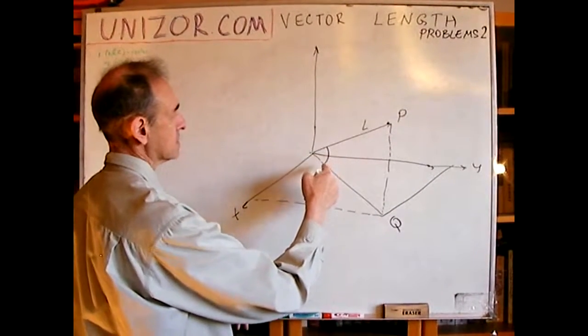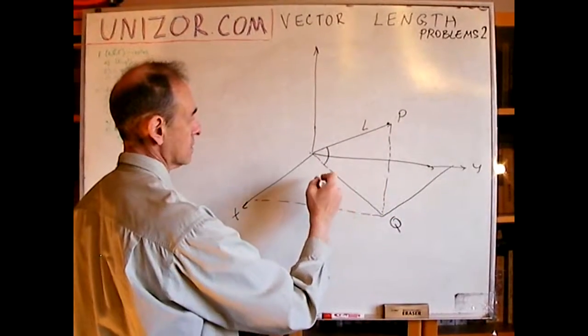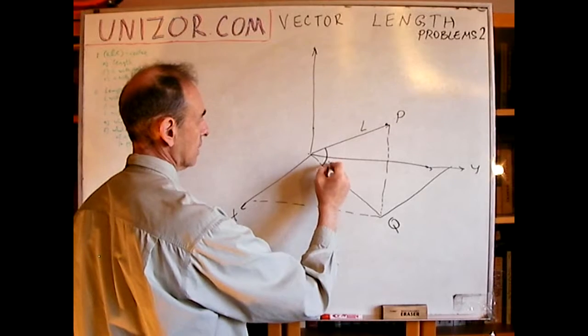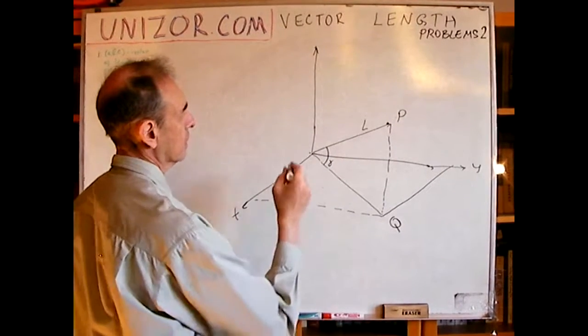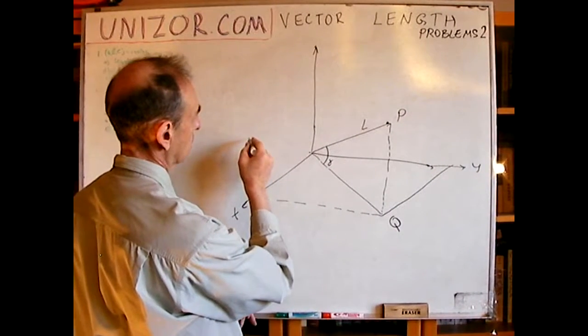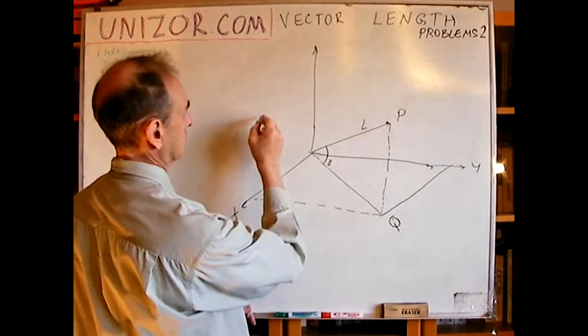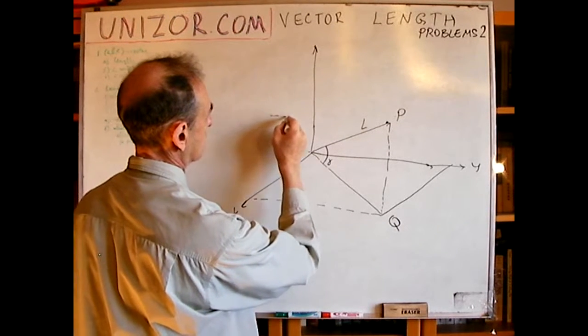So this is projection onto xy, so let's call this angle gamma. Now projection on this particular plane, it should be something like this, I guess.